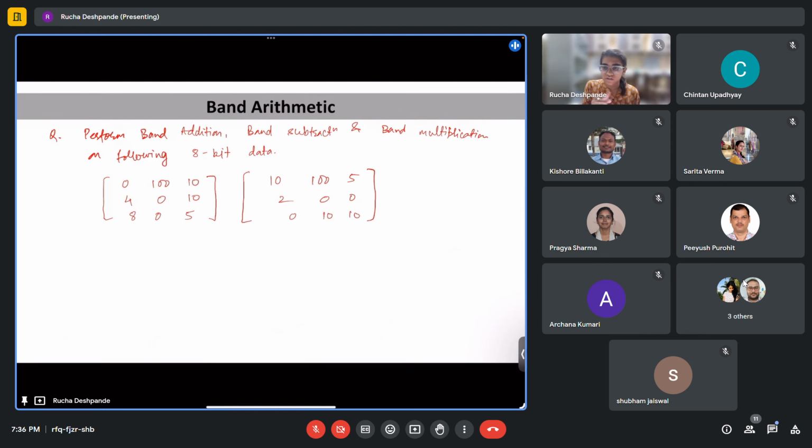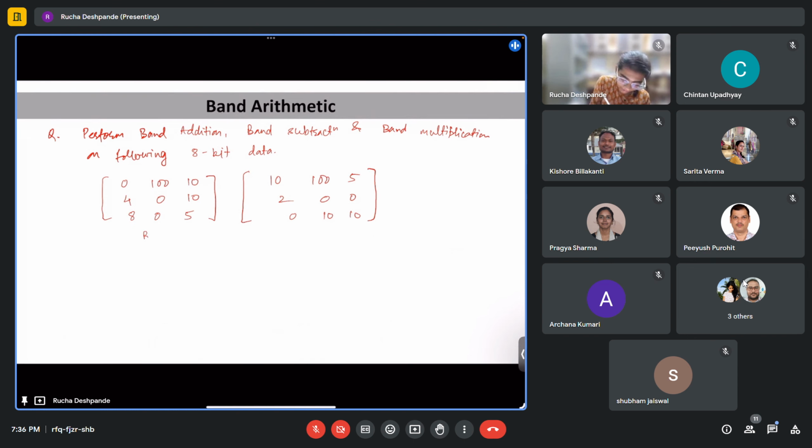You can try this for a while. So this is my band 1, this is band 2.